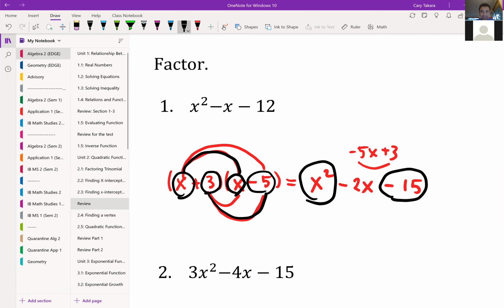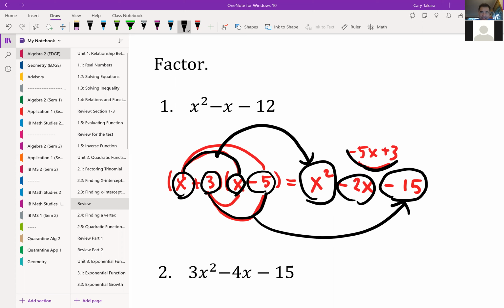X times x is x squared. You get that? But the middle term is coming from adding two different things, this negative 5x and 3x, and then you get negative 2x, right? So just keep that in mind.